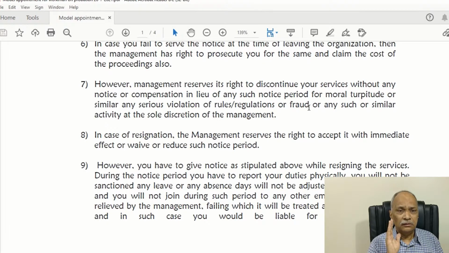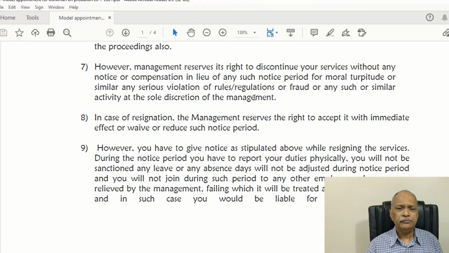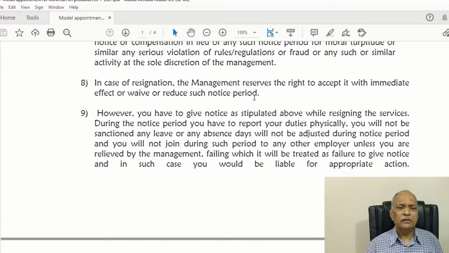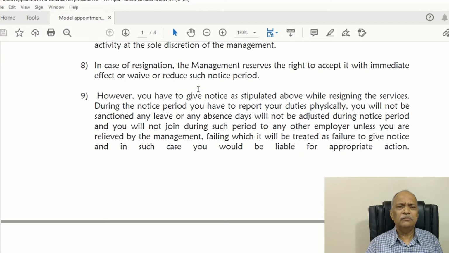But after confirmation, if somebody resigns by giving 15 days notice, the company has a right to either accept immediately or waive the notice period also. The company can also reduce the notice period in specific cases, depending on the exigencies of the matter.